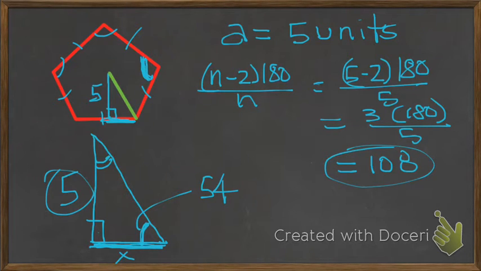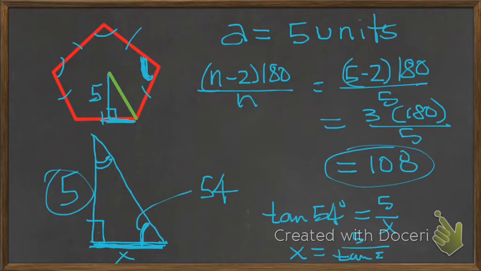To find x, angle, opposite side, adjacent, that's tangent of 54 degrees equals 5 over x. So x equals 5 divided by tangent of 54 degrees. Turn your calculator on, make sure you're in degree mode.